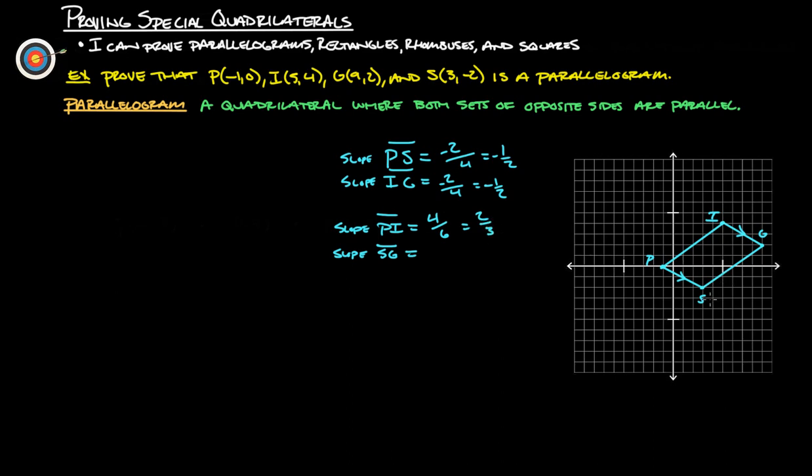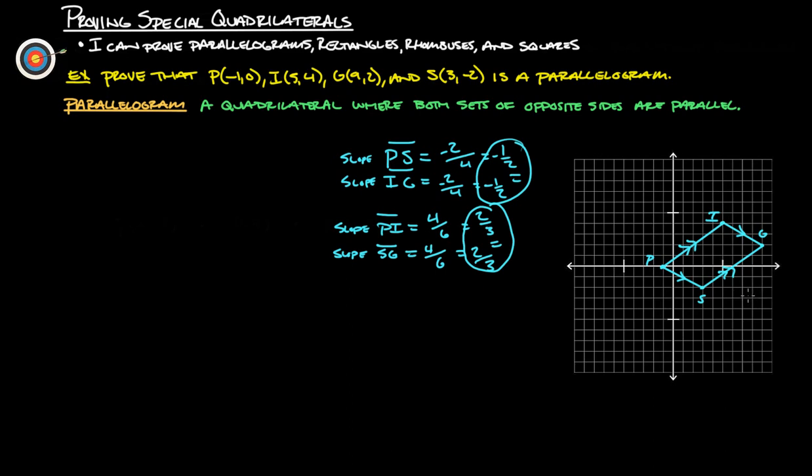And then from S to G, start with the one on the left. We go up 4 and over 6, which is also 2/3. Since these two slopes equal each other and the other two also equal each other, we have now shown that these opposite sides are parallel. So that means it has to be a parallelogram.